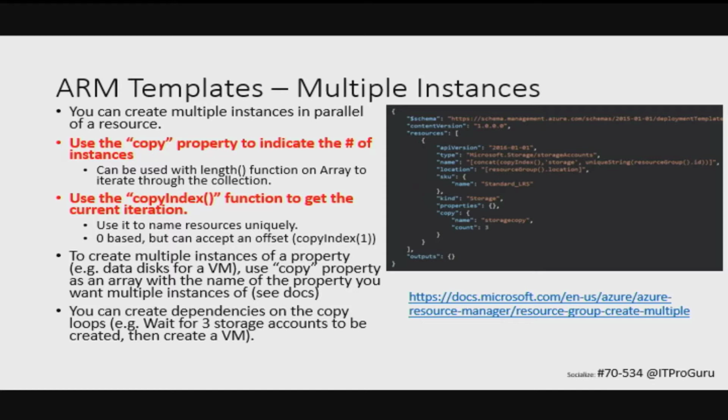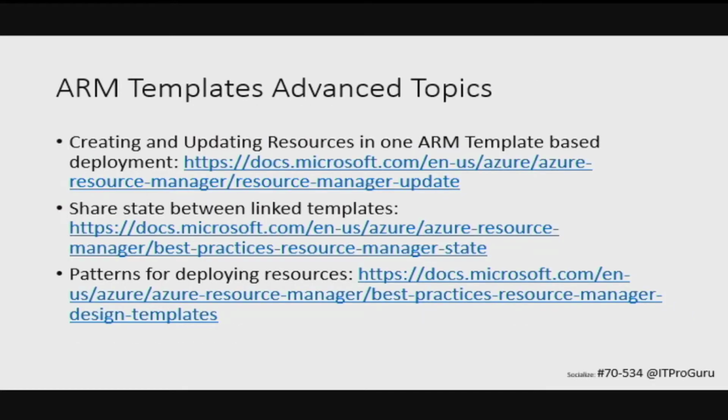So I have VM1, VM2, VM3, VM100, right? So that's another thing you can do with these ARM templates. And then, of course, those will all get created in parallel for you. So just to wrap up, ARM templates with some advanced topics.